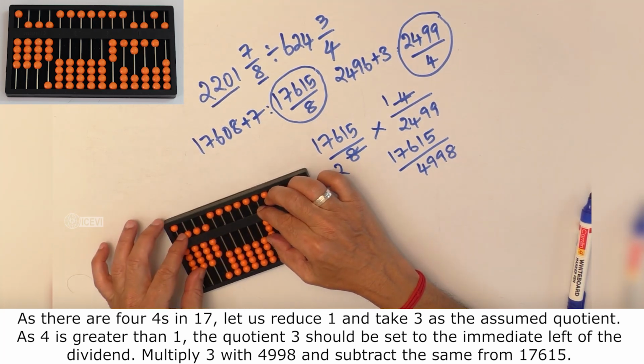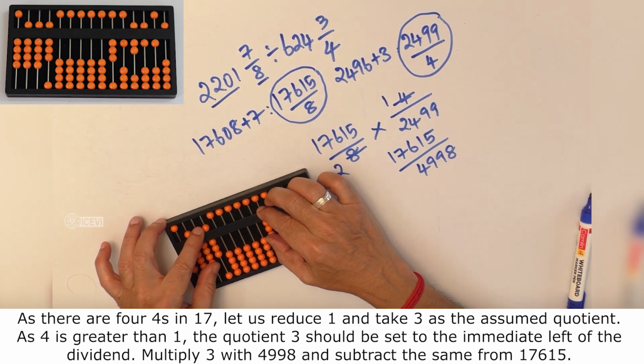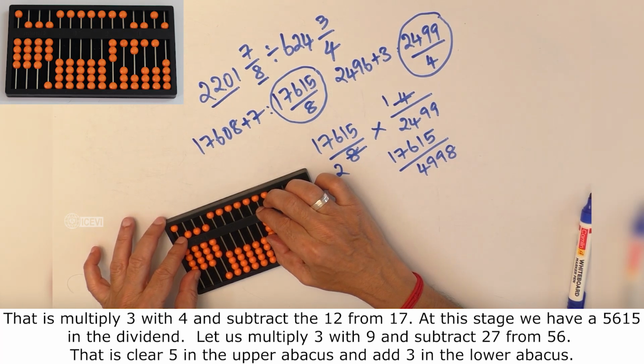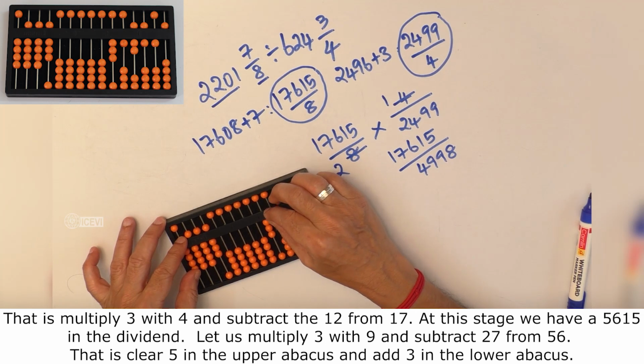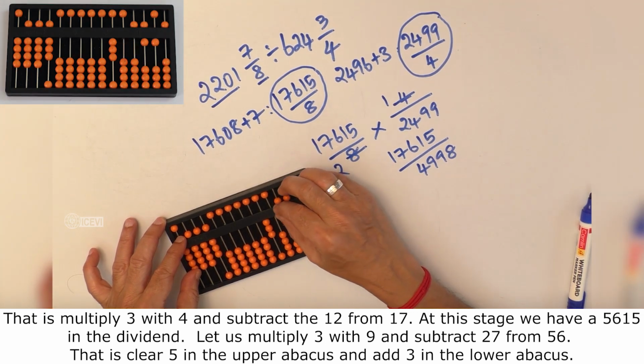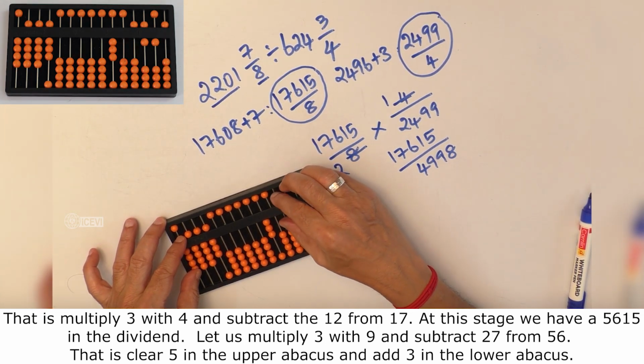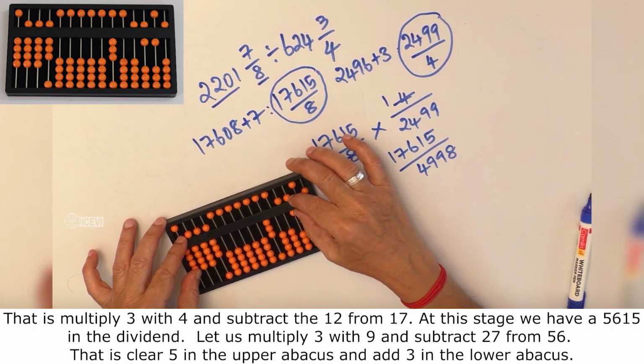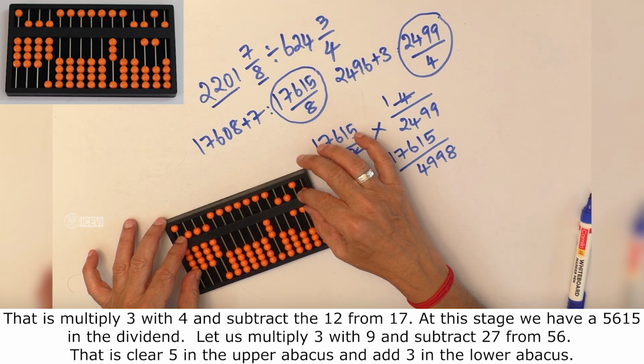Multiply 3 with 4,998 and subtract the same from 17,615, that is, multiply 3 with 4 and subtract that value 12 from 17. At this stage, we have 5,615 in the dividend.